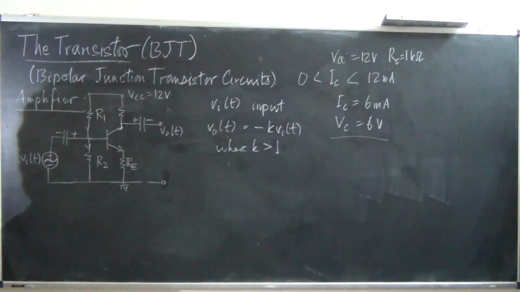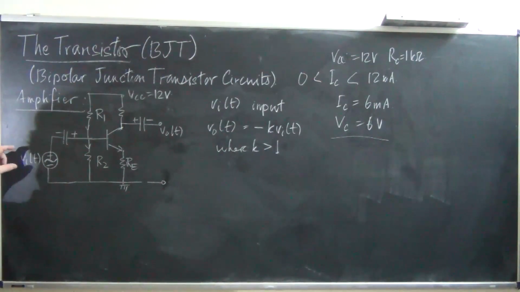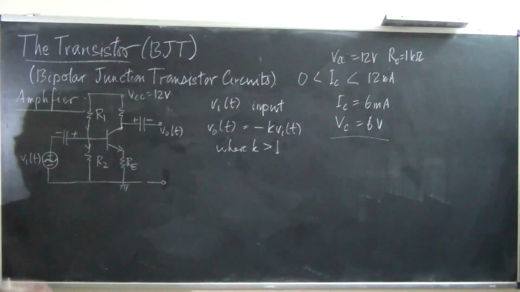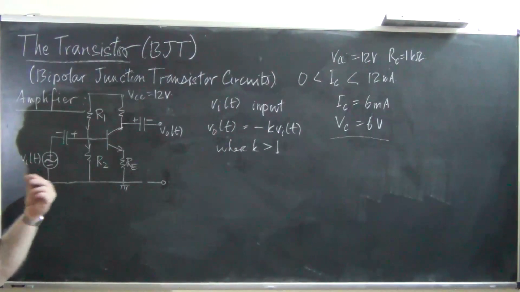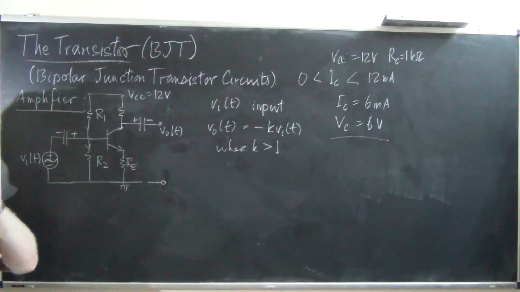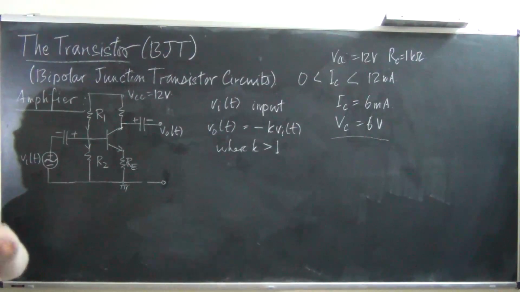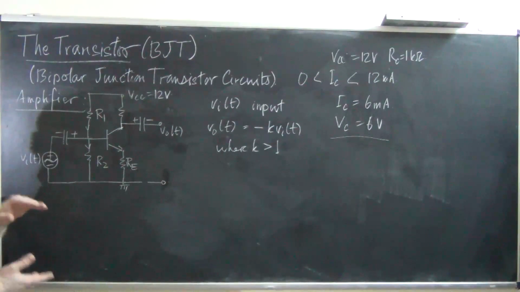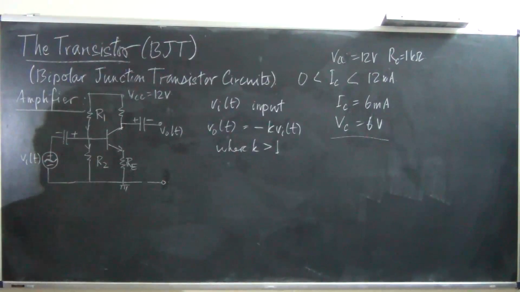At all times, we want to make sure that the peak-to-peak amplitude of the input sinusoid or varying waveform remains within the active region, the active operating region of the transistor, so that you get faithful though inverted amplification at the output without distortion.